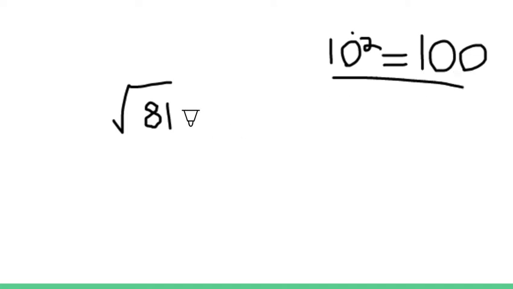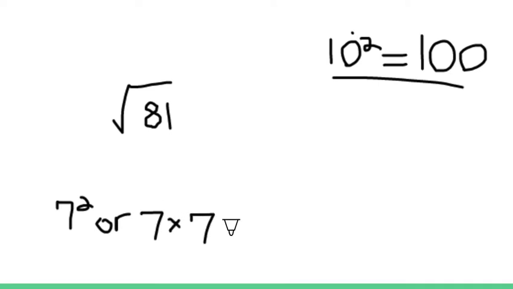So let's try, what about 7? Well, 7 squared, or 7 times 7, sorry for my drawing skills here, guys, that gives us 49. So that doesn't work. Let's try the next number up.